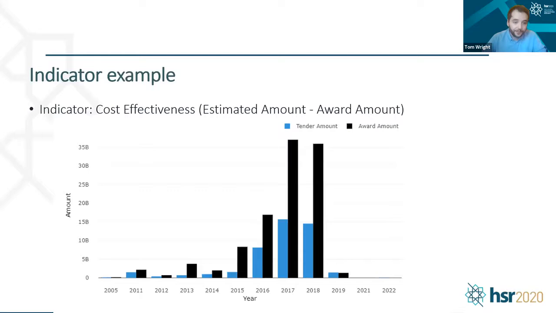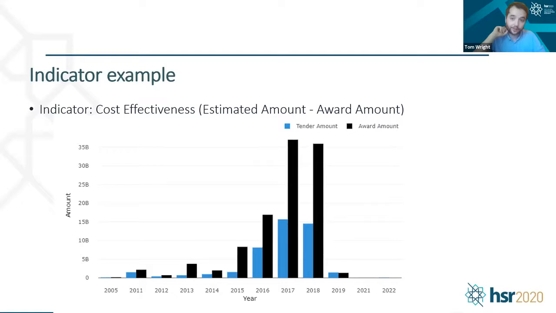Okay, so indicator visualizations provide a snapshot of a particular element in the procurement system. This indicator, using an open data standard called the Open Contracting Data Standard, uses OCDS data. It's actually from the UK government at the moment.